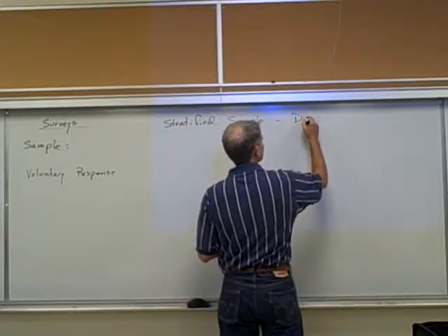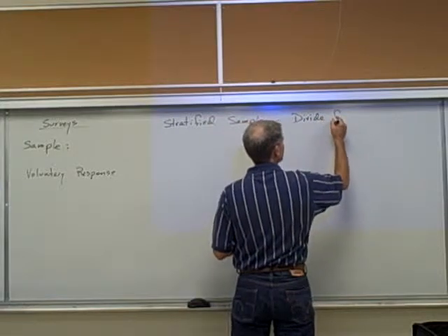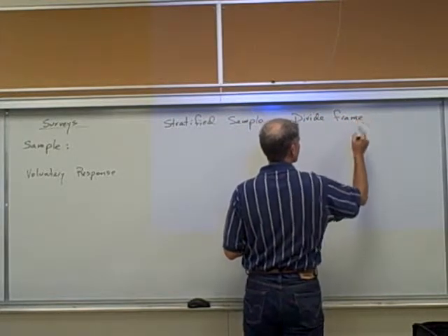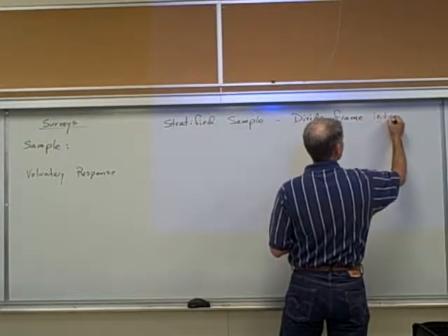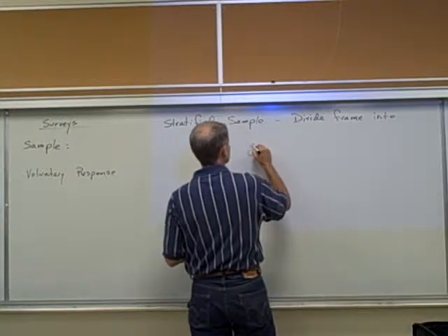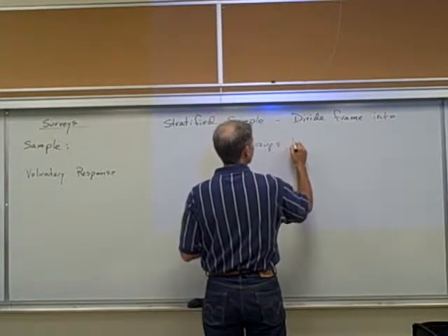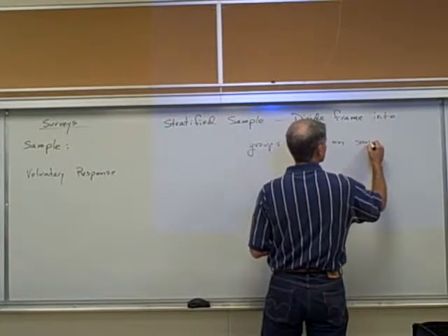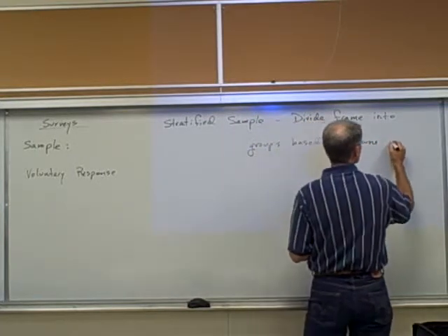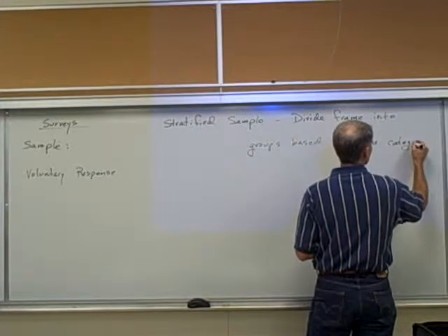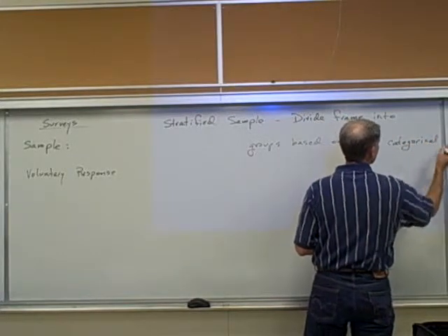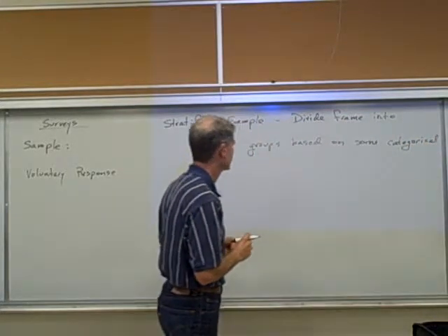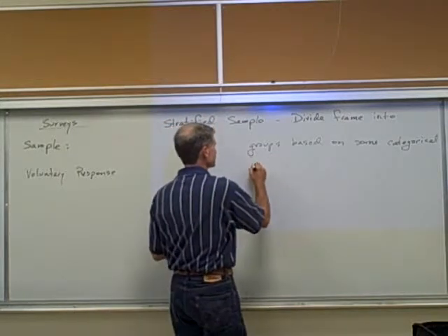You divide your sampling frame, in other words, your population, into groups based on some, usually a categorical variable, so I'm going to go ahead and write that, although it technically wouldn't have to be categorical, but based on some categorical variable.